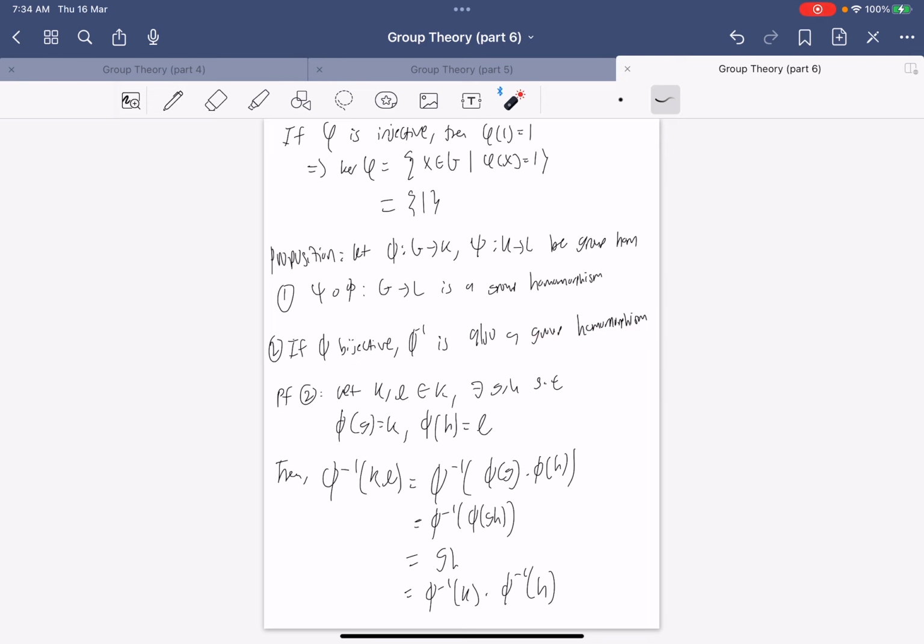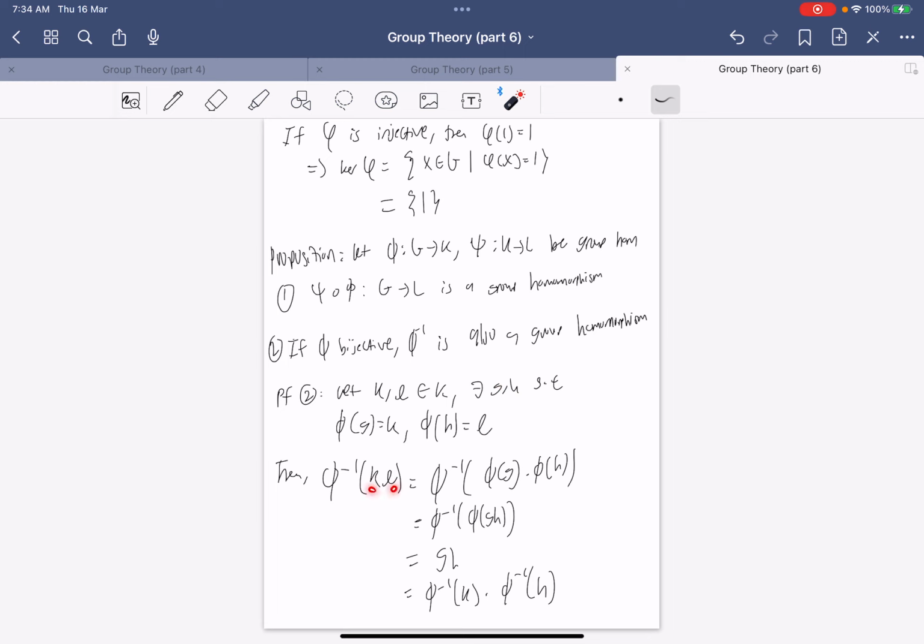And really that's because, let k and l be elements of K. You want to show that phi inverse is a group homomorphism, meaning you take phi inverse of k times l. Because phi is bijective, there's an element g such that phi of g equals k, and there's an element h such that phi of h equals l.